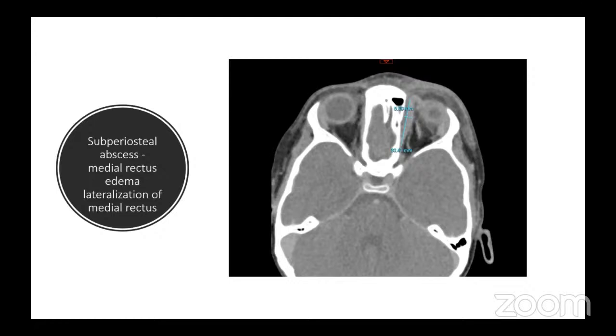I carried out an emergency procedure. The surgical approaches are external or endoscopic. Thankfully, I managed to drain the subperiosteal collection endoscopically. The child remained very well and was discharged home after 2 days.